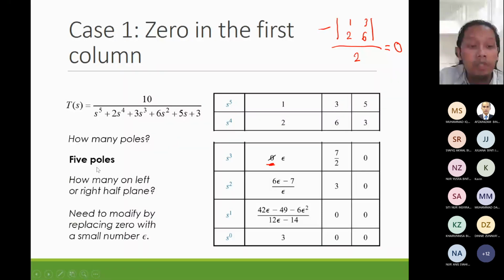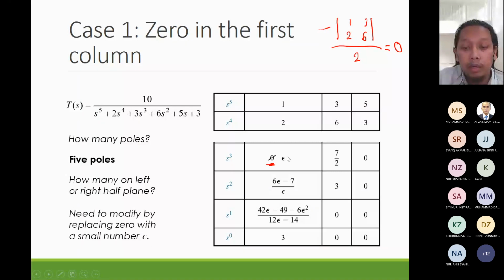We need to determine how many poles are on the left or on the right half plane of the S plane. So when you encounter 0 in the first column of row S3, you need to modify this value 0 by replacing it with a small number.